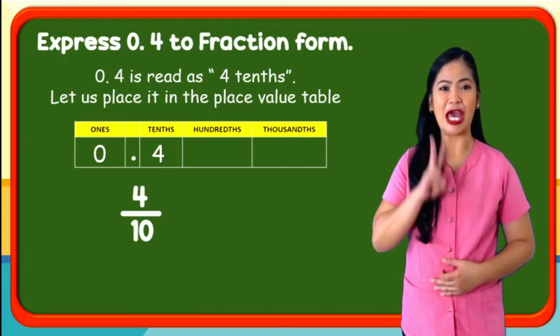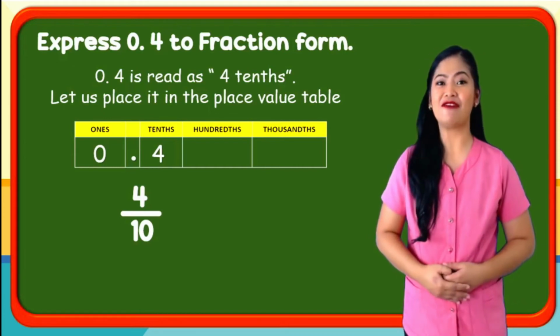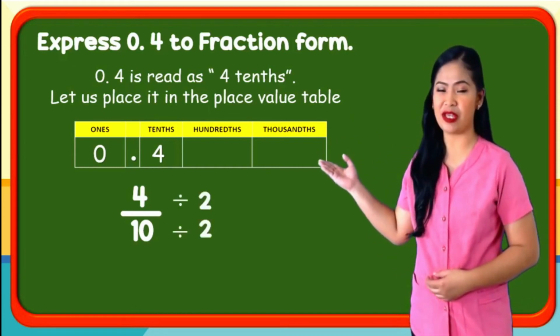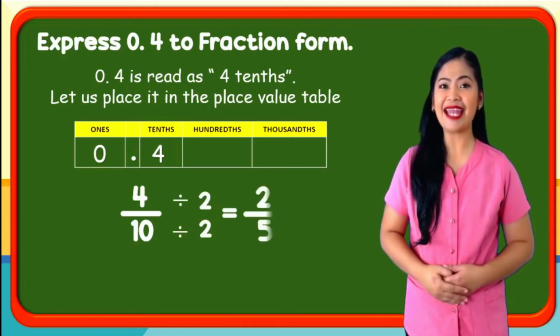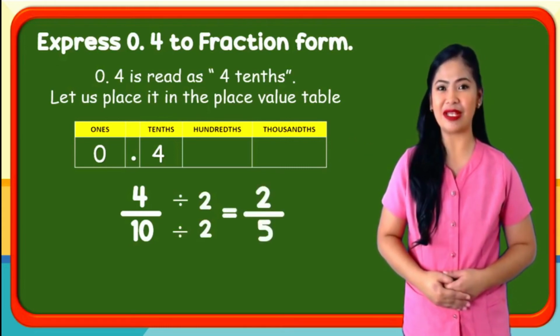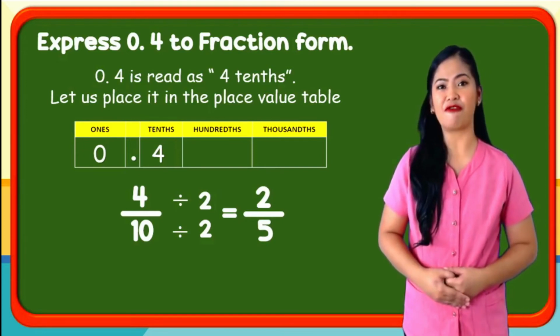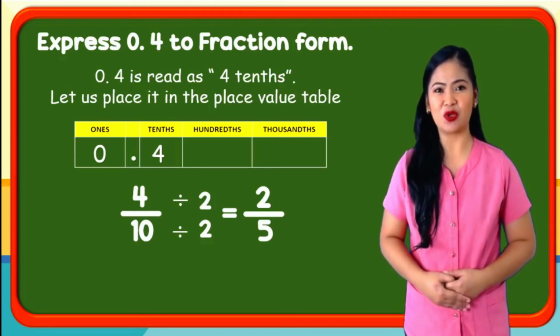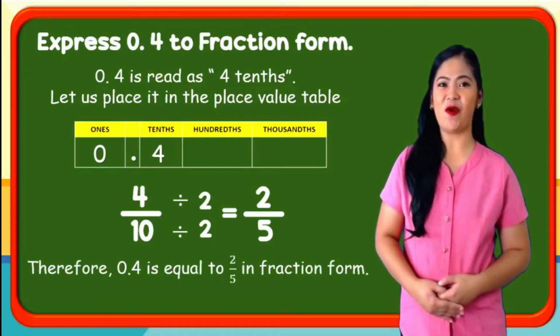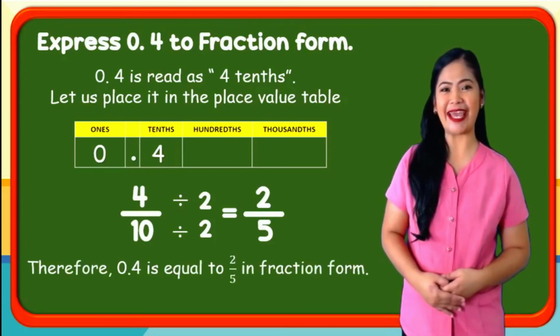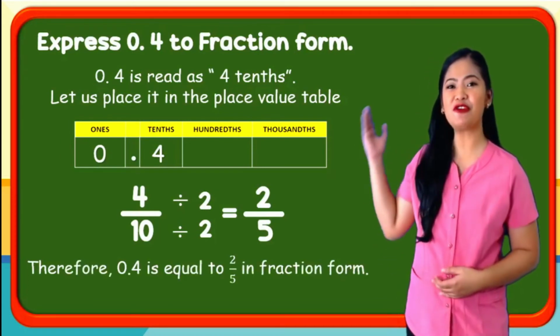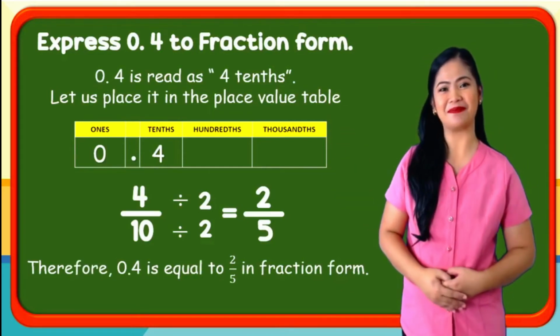It is 2. So, dividing 4 by 2 will give us 2, and dividing 10 by 2 will give us 5. So, the lowest term of 4/10 is 2/5. Therefore, 0.4 or 4/10 is equal to 2/5 in fraction form.